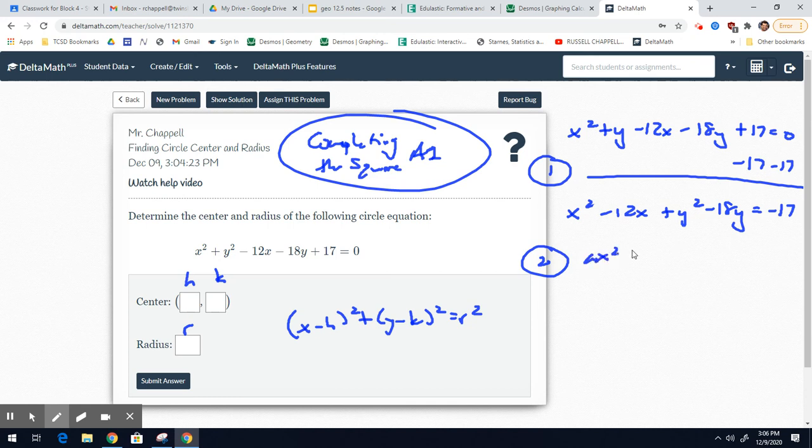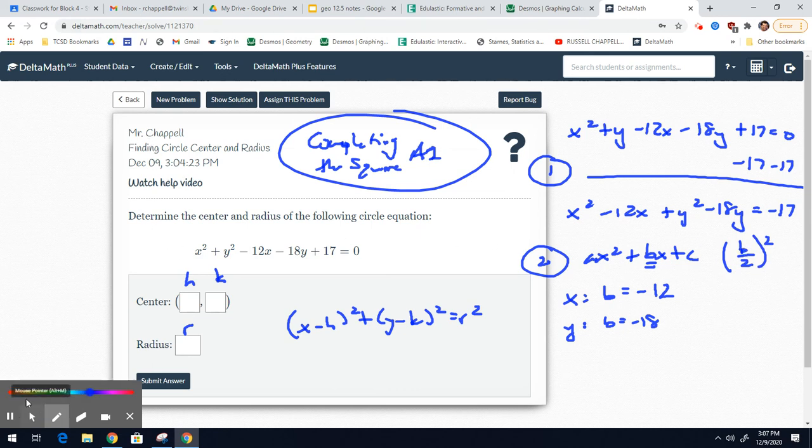A quadratic is of this form, ax squared plus bx plus c. The b is next to the x. So for the x's, your b equals negative 12. For the y's, your b equals negative 18. You need to find (b divided by 2) squared.